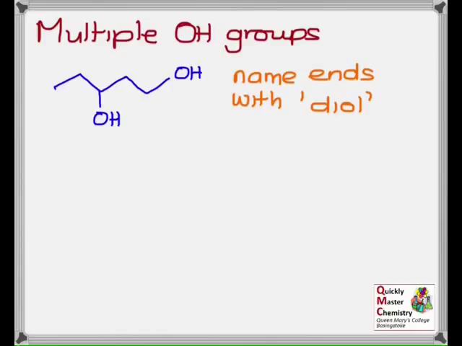So the same things that we've already used when doing branches with the alkanes. We'll need to have a number for every alcohol group, so here with 2 alcohol groups, as well as the diol at the end, we'll need 2 numbers, one to show the position of each of the 2 alcohol groups.